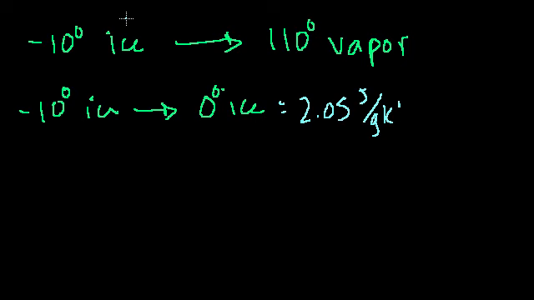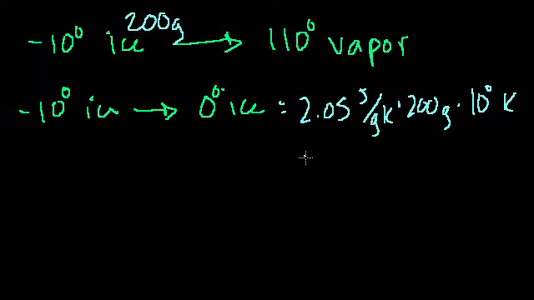So let's say we're dealing with 200 grams. So it'll be the specific heat times the number of grams of ice we're warming up times the change in temperature that we're trying to get. So times 10 degrees. Well, this is Kelvin here, so let's just say it's a 10 degrees Kelvin change. It doesn't matter whether we're using Kelvin or Celsius. I could have written Celsius in the units. So what is that equal to?